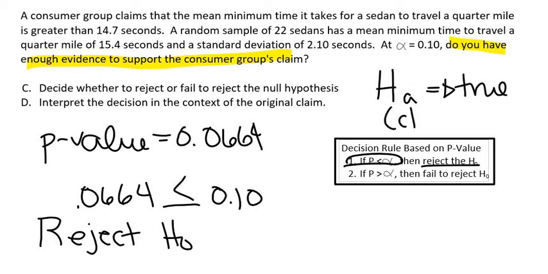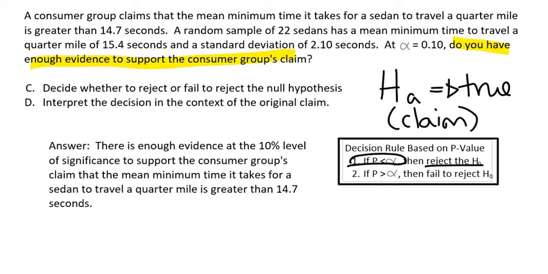And that was the claim. Therefore, in context of the original claim, we could say, there is enough evidence at the 10% level of significance to support the consumer group's claim that the mean minimum time it takes for a sedan to travel a quarter mile is greater than 14.7 seconds.